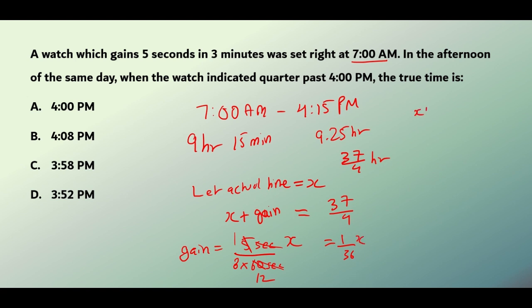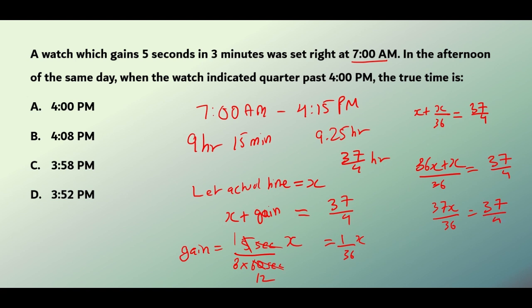So we get x plus x by 36 is equal to 37 by 4. If we do 36x plus x, divided by 36, would be equal to 37 by 4. That is 37x by 36 is equal to 37 divided by 4.